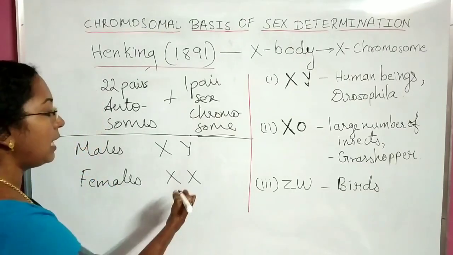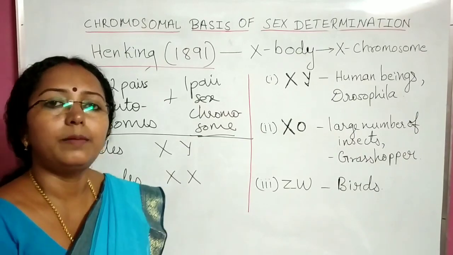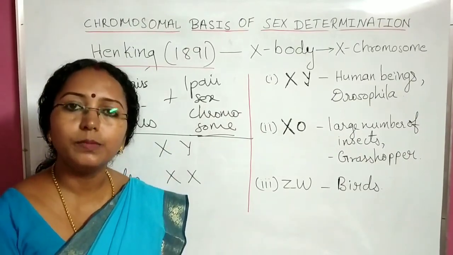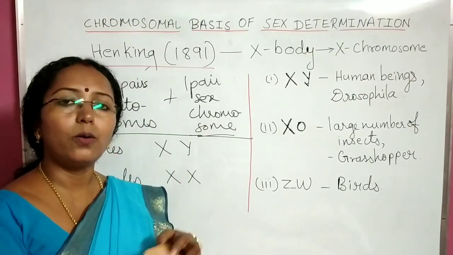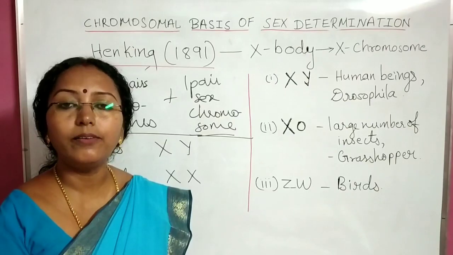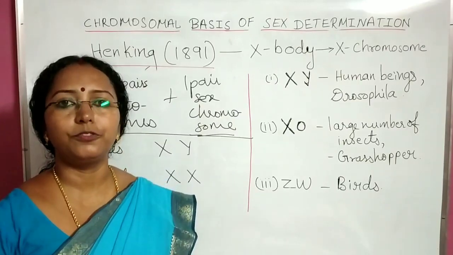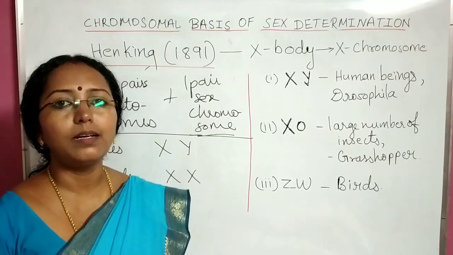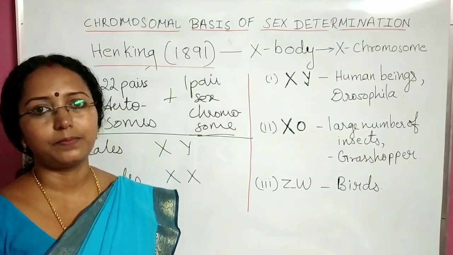But females have both the same. In them the last pair of sex chromosome is exactly same like all the rest 22 pairs. So females have exact 23 pairs of chromosomes. But males have the last pair a little bit different.